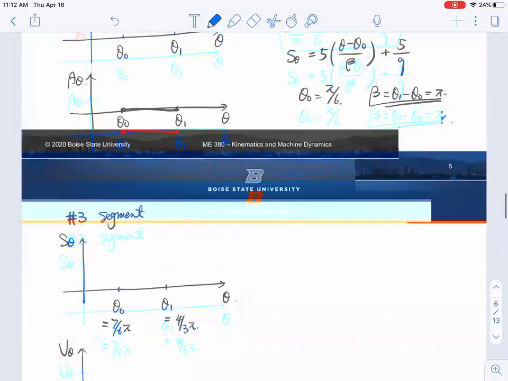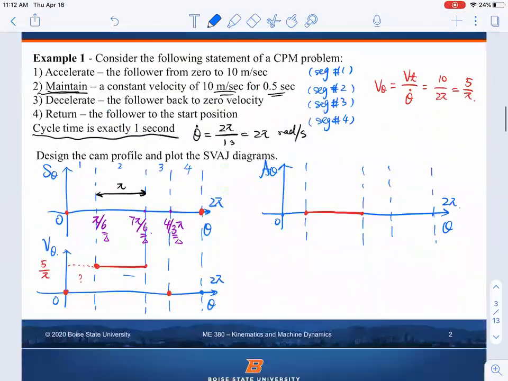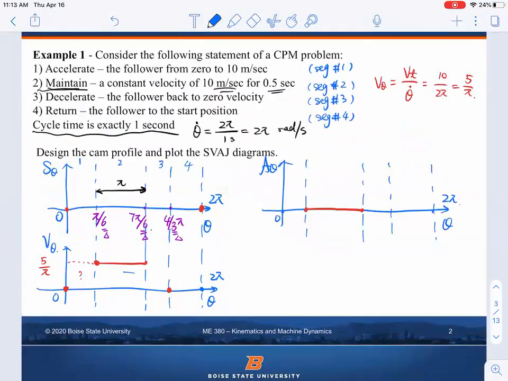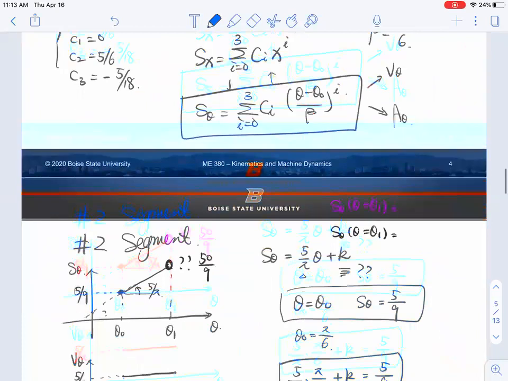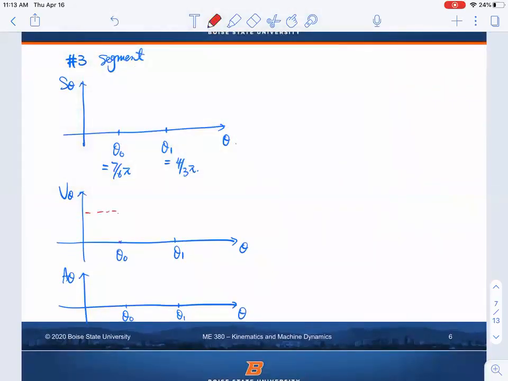And then let's look at the very first plot we have. We have 3 boundary conditions there. We know the starting velocity is 5/pi, and it ends at 0. Acceleration starts at 0, but that's all we know.